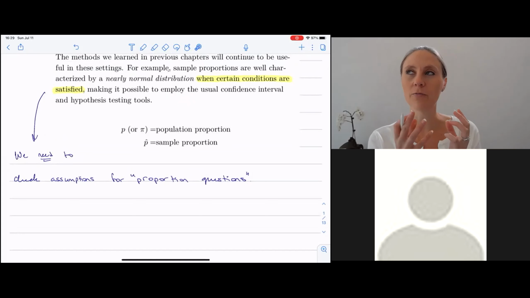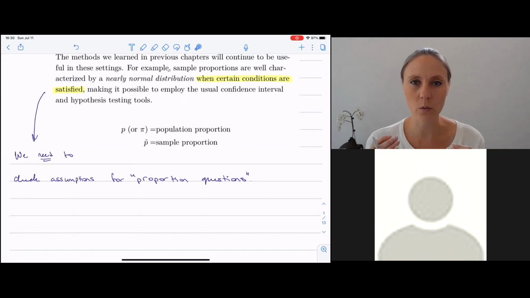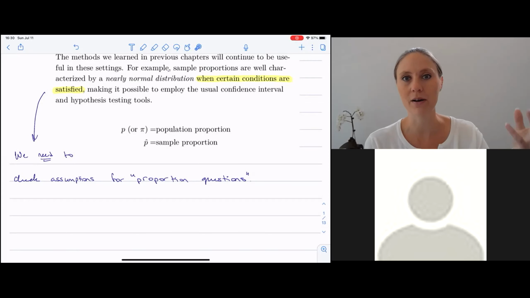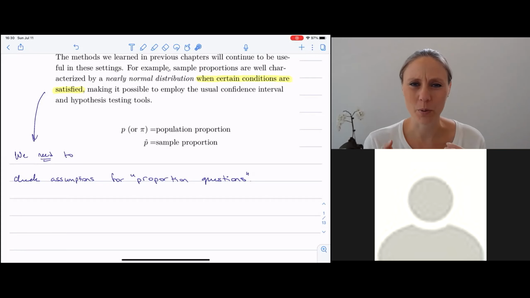But if you take a step back, categorical data are things like how many people answered yes and how many people answered no to some question. So you've got these proportions: 45 out of 100 said yes, 55 out of 100 said no. How do we get those proportions to follow a normal distribution?